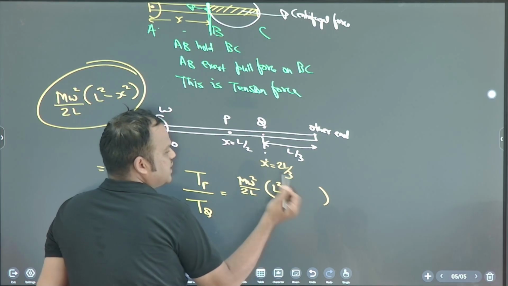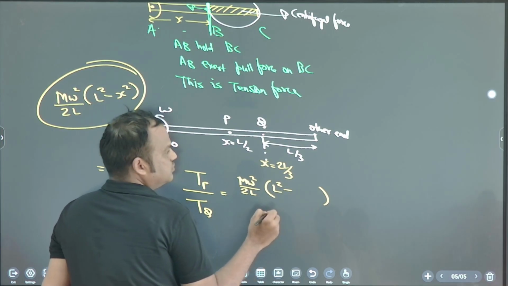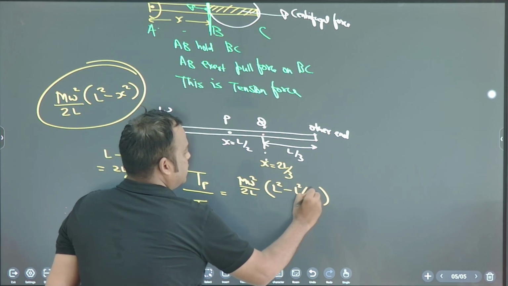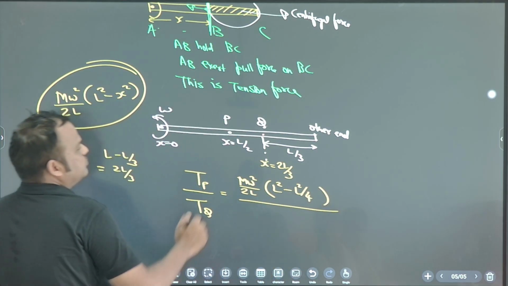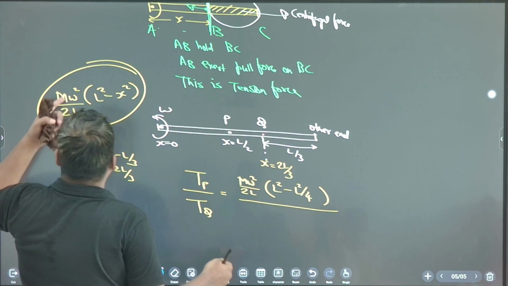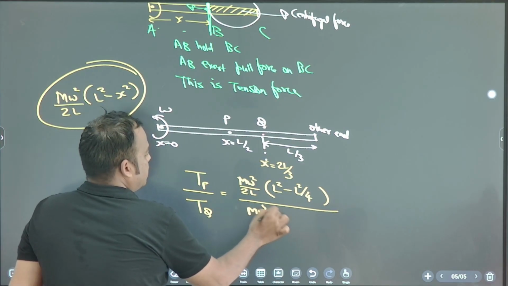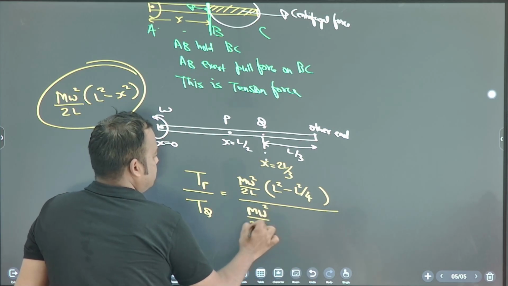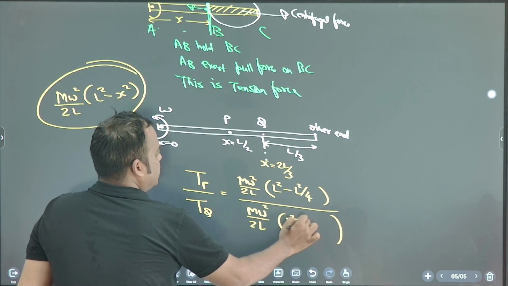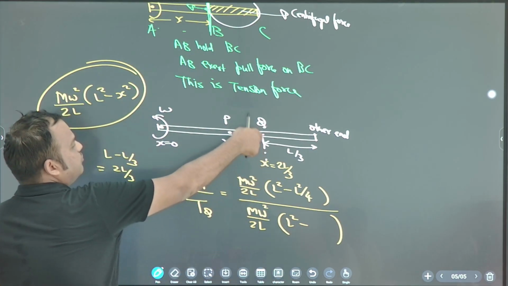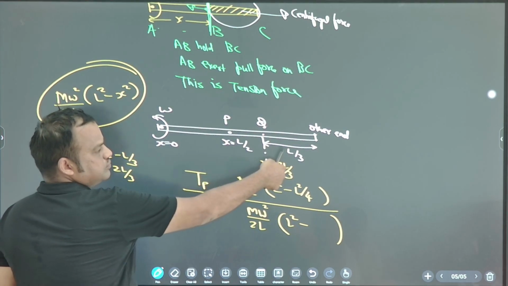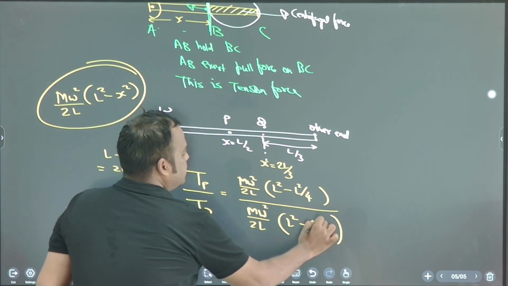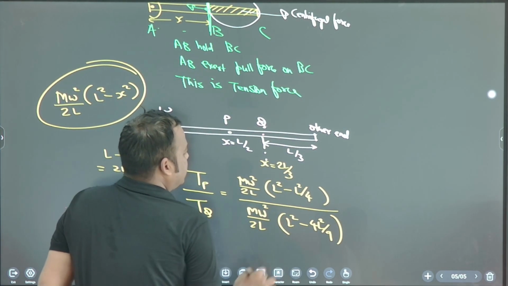L by 2. So what is x square? L square by 4. Now Q: M omega square by 2L into L square minus, what is the x value for Q? 2L by 3. So 4L square by 9.